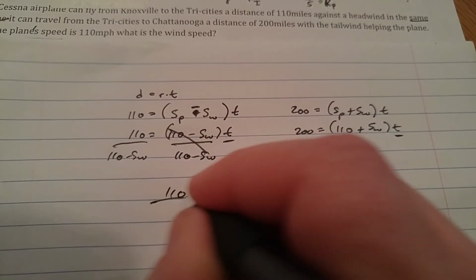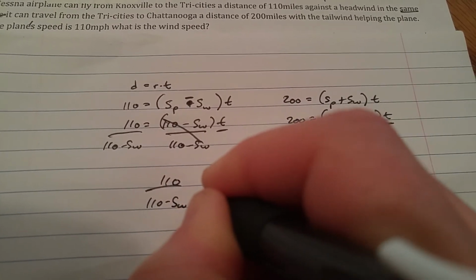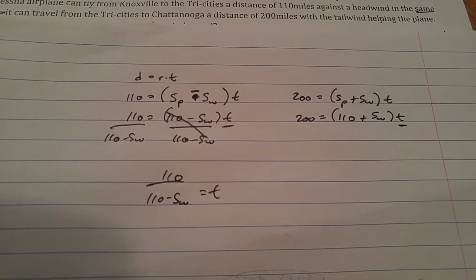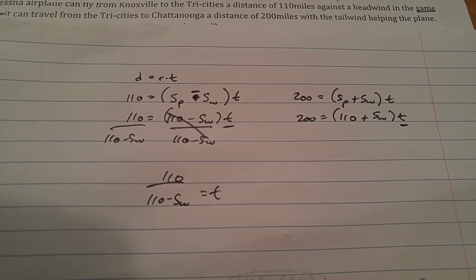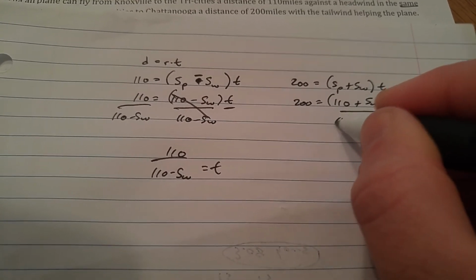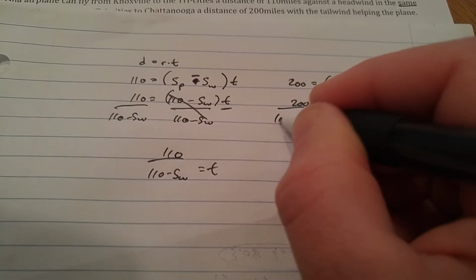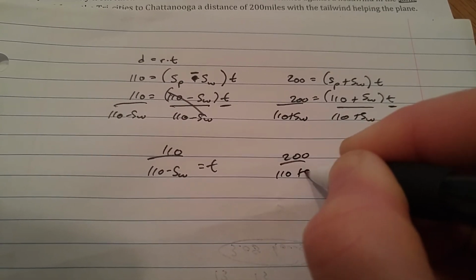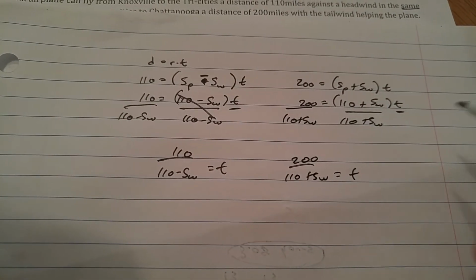So I have 110 over 110 minus the speed of the wind equals the time. Okay, I'm also going to solve this one for time, so I'm going to divide by 110 plus the speed of the wind. So I have 200 over 110 plus the speed of the wind equals time.